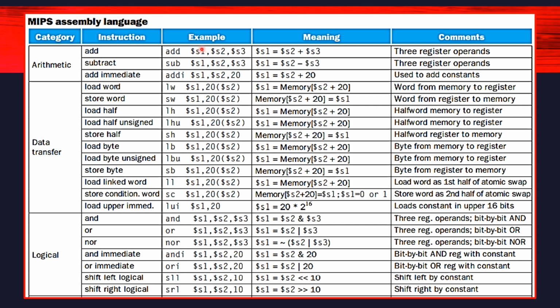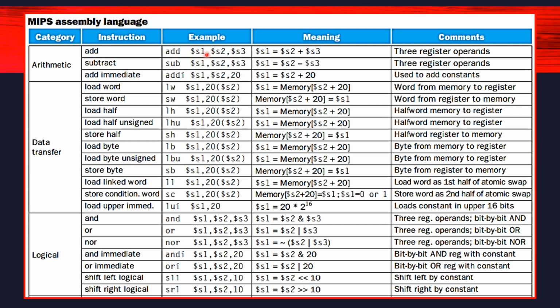These operands can be either register operands or memory operands. That means we can store the data either directly in a register or in the memory. If the name is prefixed by the dollar symbol, it indicates that it is a register. So when we look into this instruction, add $s1, $s2, $s3, s1 is the destination operand, s2 and s3 are the source operands, and add is the opcode.